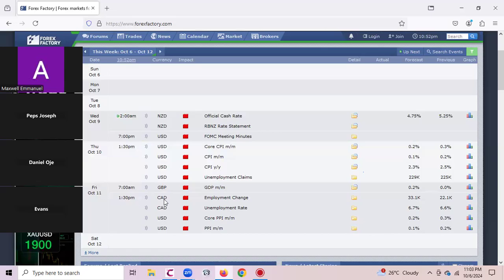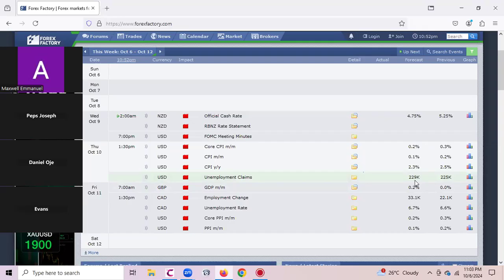Then on Friday, core PPI, that is production price index. CPI is consumer price index. PPI is production price index. Okay. So for unemployment claims, the previous was 225, and the forecast is 229.